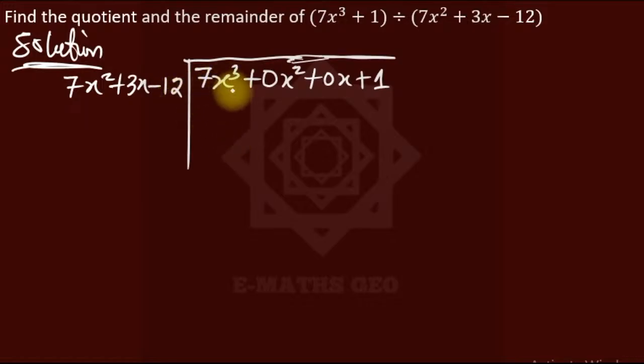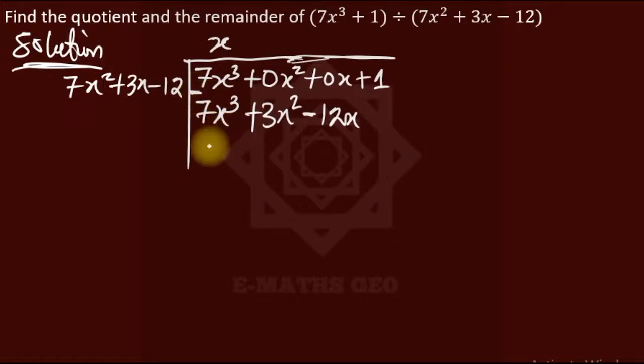So we'll start. The first value here divided by this, so 7x cubed divided by 7x squared, we have x. So we use this x and multiply all through. So x times that, we have 7x cubed, x times plus 3x is plus 3x squared, x times minus 12 is minus 12x.